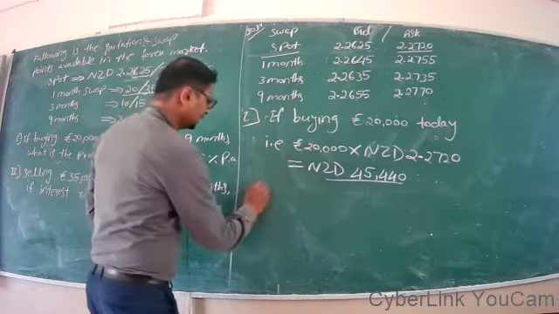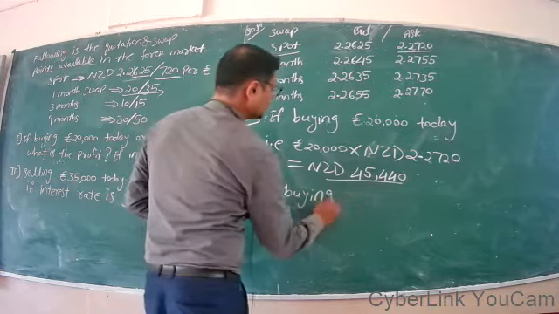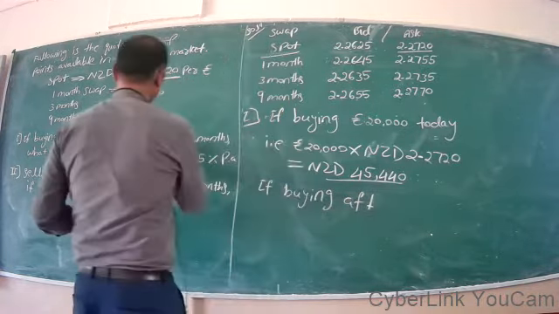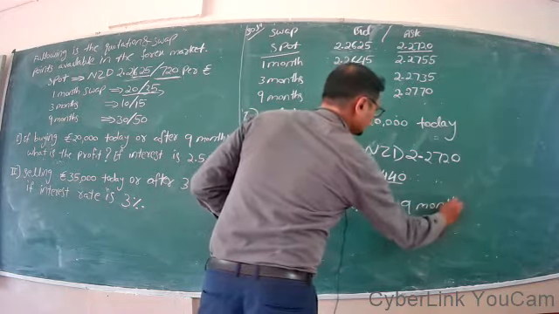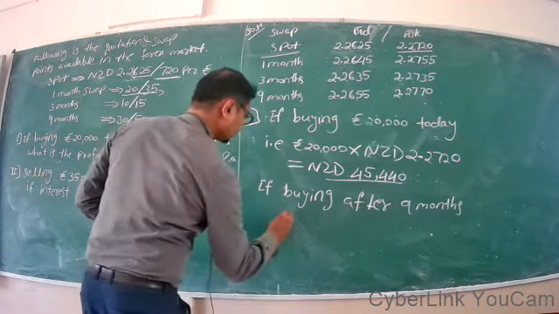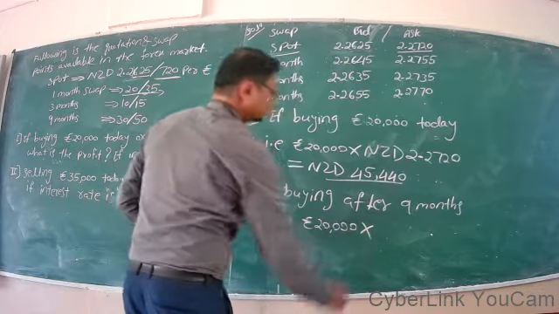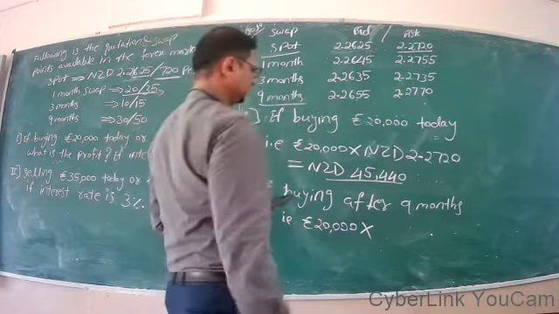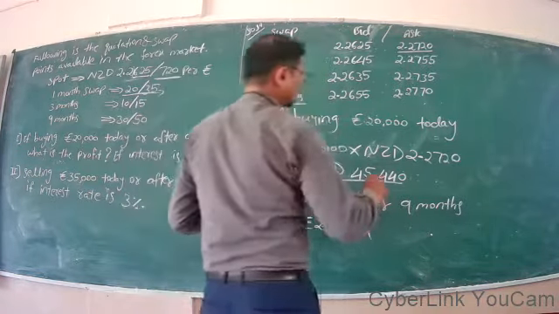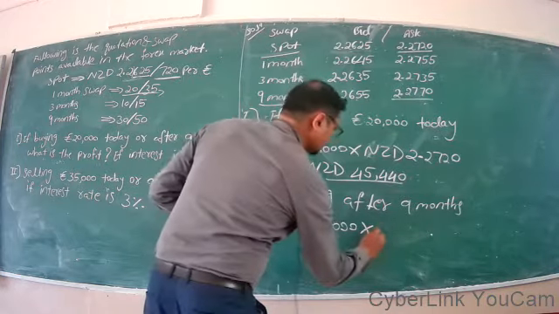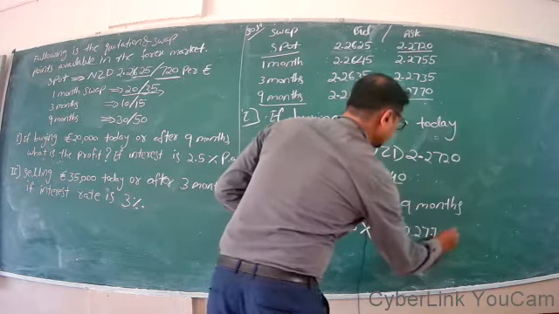If you are buying, they are asking, or after 9 months. So if you are buying after 9 months, the 9 months outright rate is applicable in this case. Since you are an importer, the applicable rate is the ask price, so New Zealand dollar 2.2770.